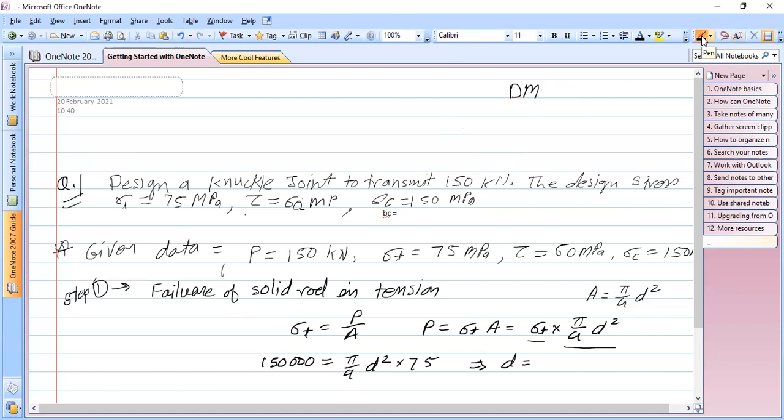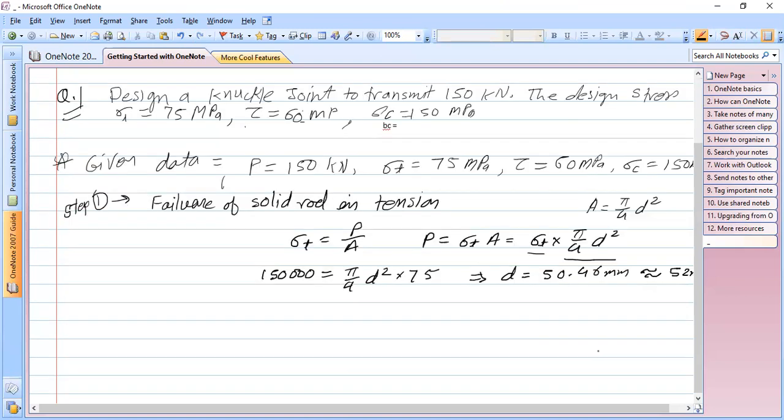So how much d are you getting? 50.46, 50.46 mm, right? Okay. So you are getting d equal to 50.46 mm.